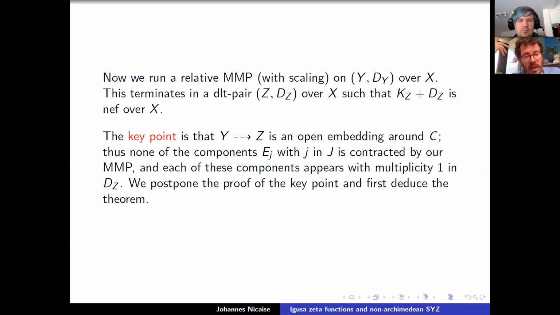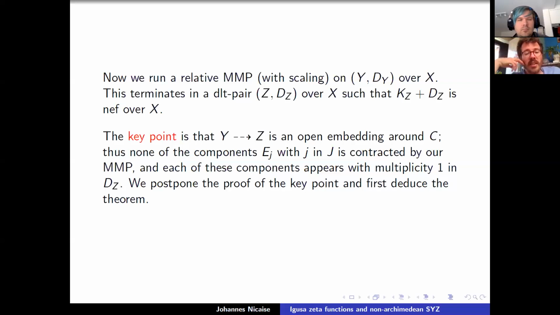So this birational map will actually be an open embedding around C, meaning that none of the components E_j occurring as vertices on our maximal phase of constant weight is contracted by the MMP. And since they all appeared with multiplicity 1 in D_Y, they still appear with the same multiplicity 1 in D_Z, because D_Z is just the push forward of D_Y under this birational map.